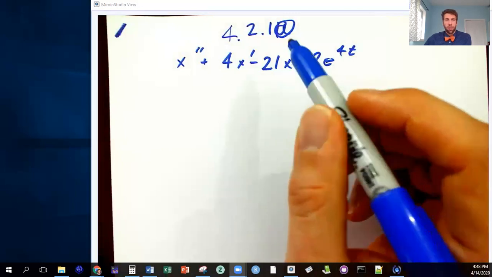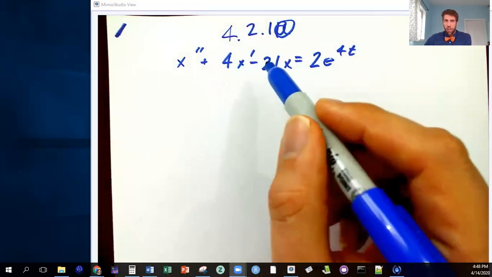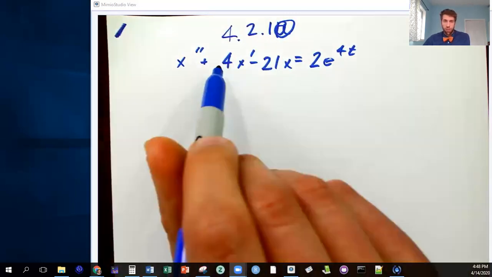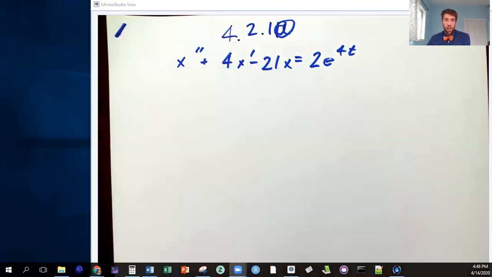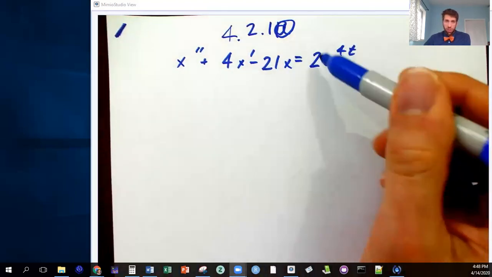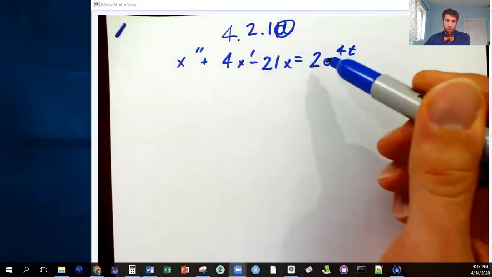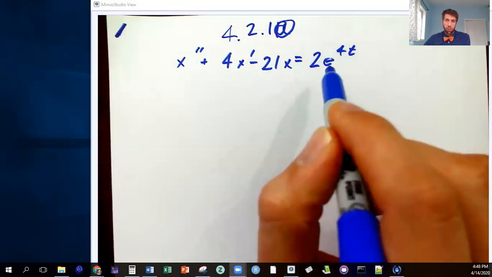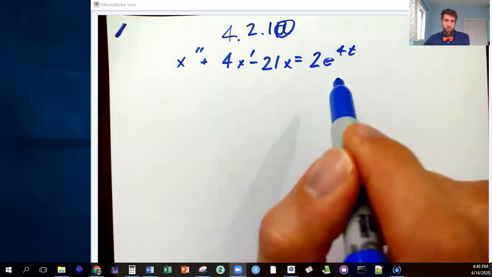Let me back up. If you can find two solutions to this differential equation and you subtract them, they'd be a solution to this differential equation if it were equal to zero instead, which is called the homogeneous equation. This, when it's not equal to zero, is the non-homogeneous equation.